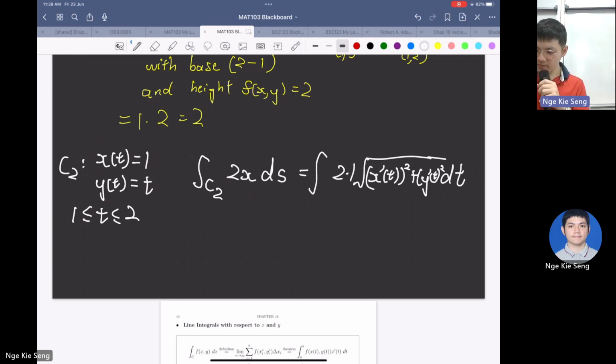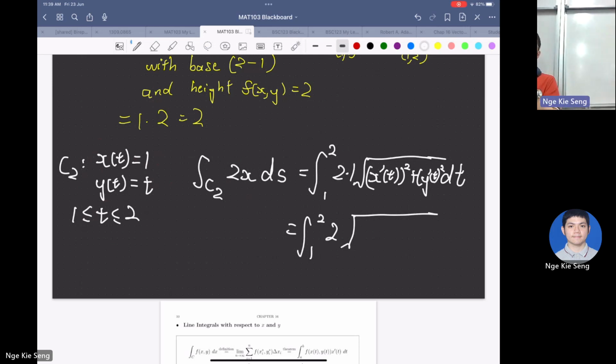My range is from 1 to 2. So I rewrite it as 2 times this. What is x prime t in this case? 0, you don't move in the x direction. How about y? You move with derivative 1. So altogether you get the integral from 1 to 2 of 2 dt.